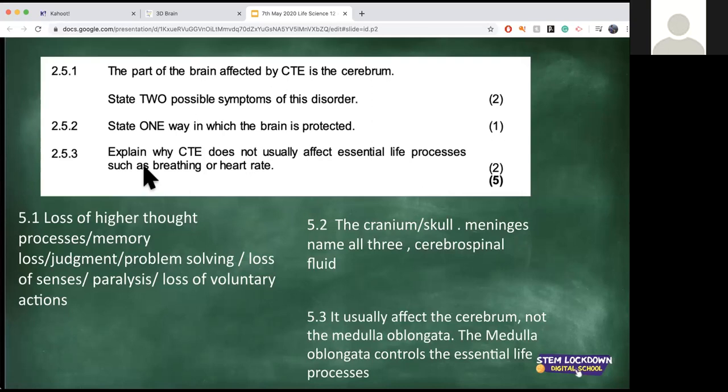So it is also protected. The problem, however, is if your medulla or your brainstem is damaged, then your life processes will be severely affected. So people who are organ donors are usually people whose medulla oblongata has been affected and they are no longer able to control life processes.